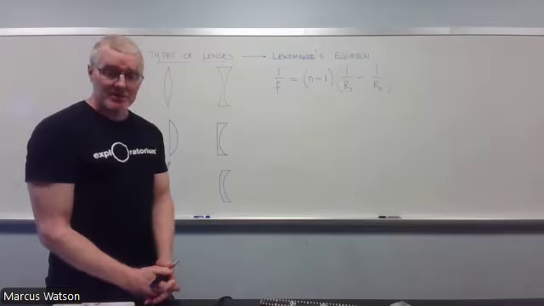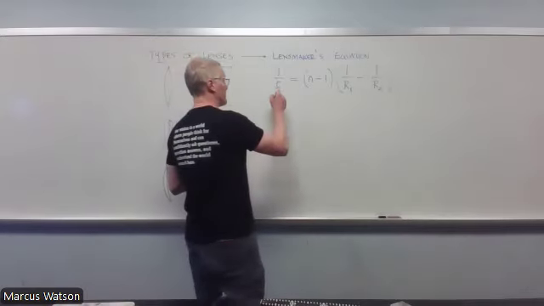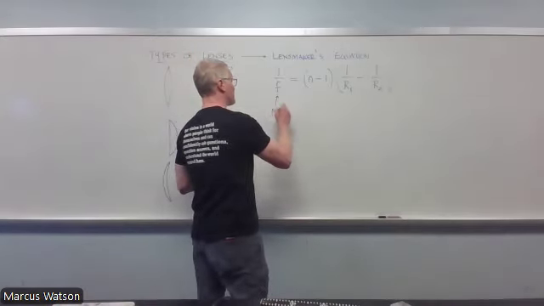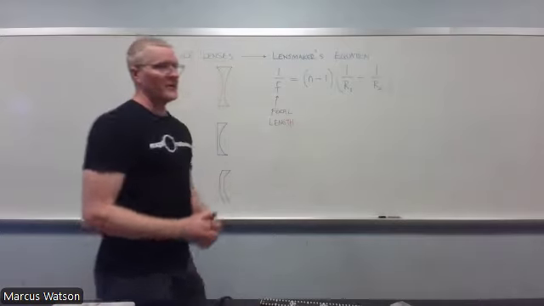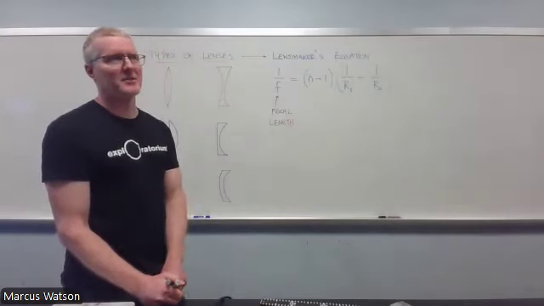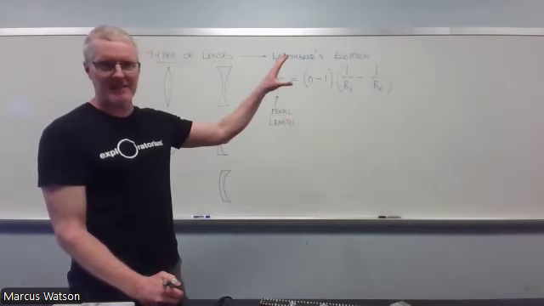Okay, so let's talk about what these quantities are. F is the focal point, or focal length, same as it has been. Now, N is a little bit of a cheat. This is what you'll see in a textbook usually.